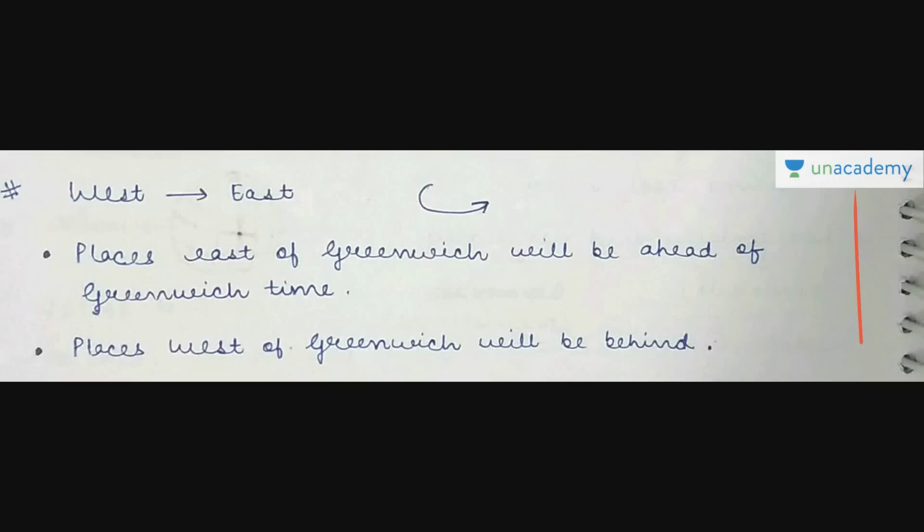So this is 0 degree and the earth is moving like this. This place will receive sunlight first and this place will receive sunlight later. There will be a difference of time between these two. So the place which is east of 0 degree will be ahead of time as compared to the places which are behind. The places which are west of 0 degree will be behind in time and the places which are east of Greenwich will be ahead in time.